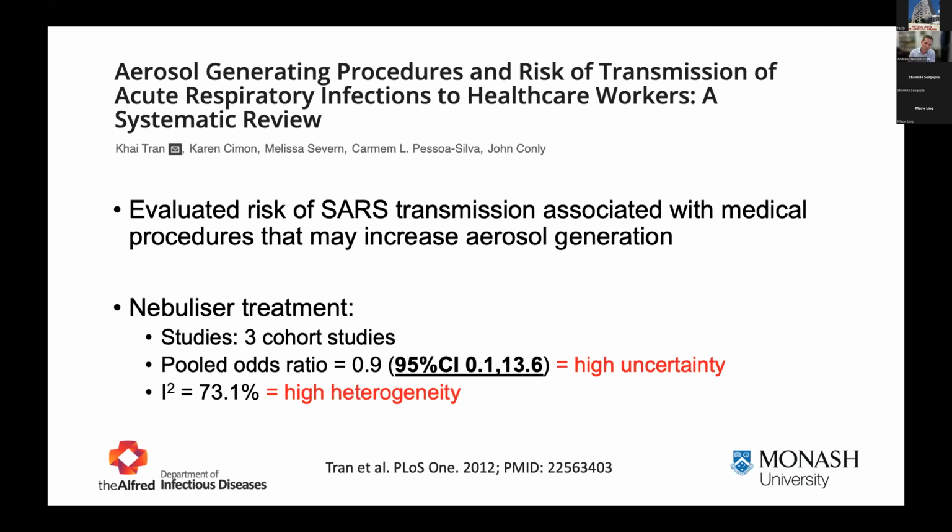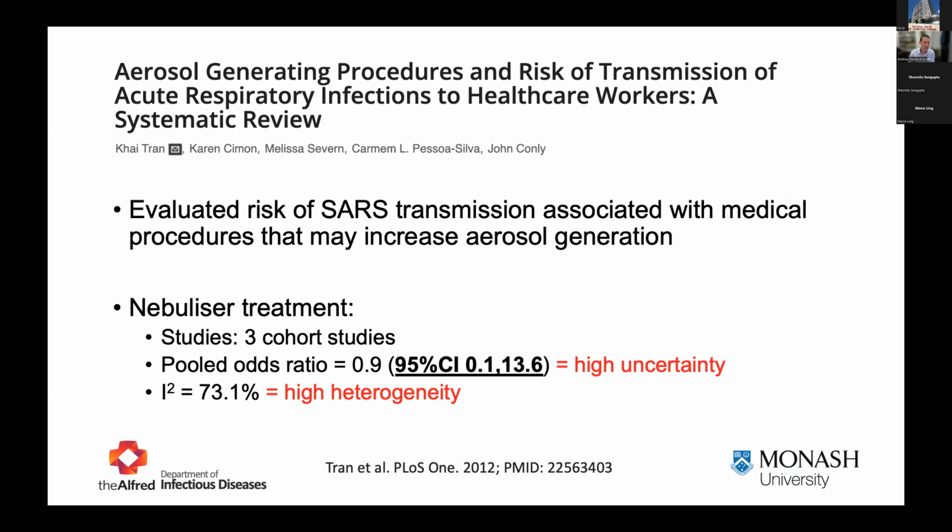Then probably I think most people will be familiar with this paper from 2012, which is a systematic review of transmission associated with aerosol generating procedures, particularly around SARS transmission. And they looked at many procedures, which I'll get back to in a moment, but in particular for nebulizer treatment, they found 3 cohort studies.